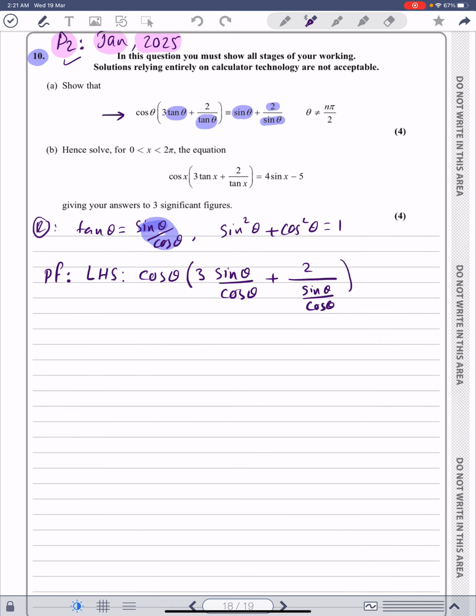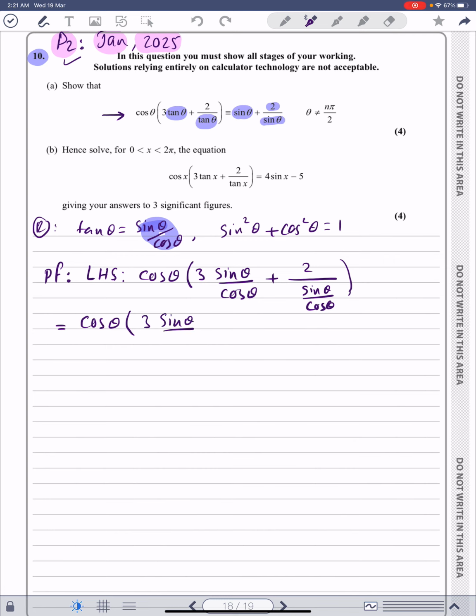Many students, even the good ones, write the right hand side, so be careful, you may lose marks. Stick with the left hand side, continuing simplifying step by step.